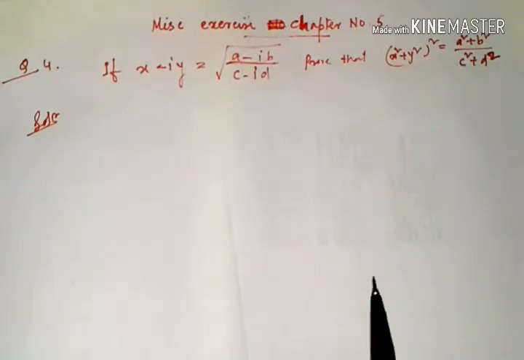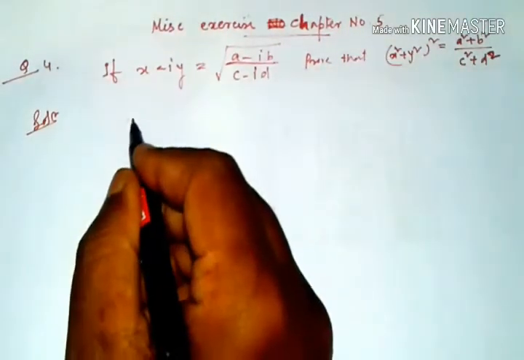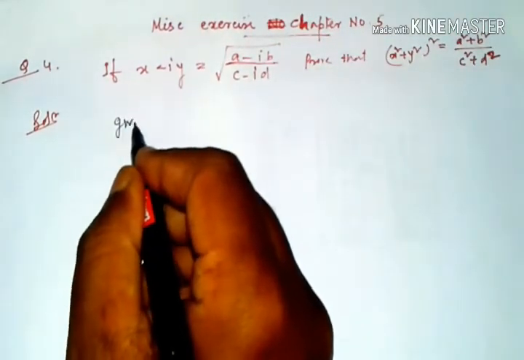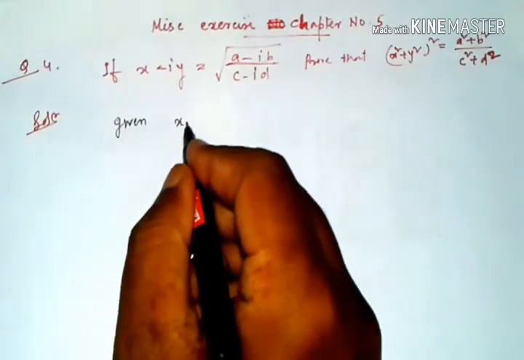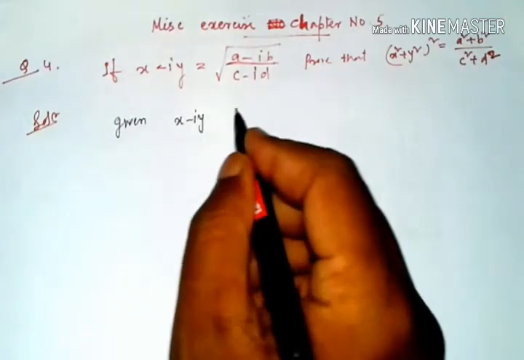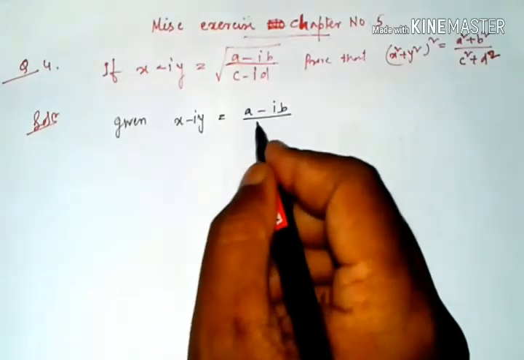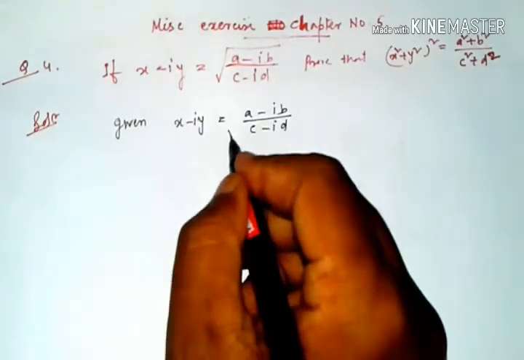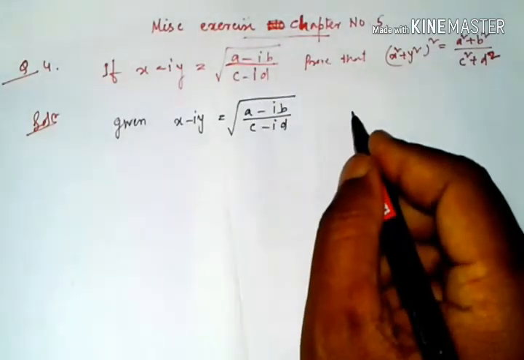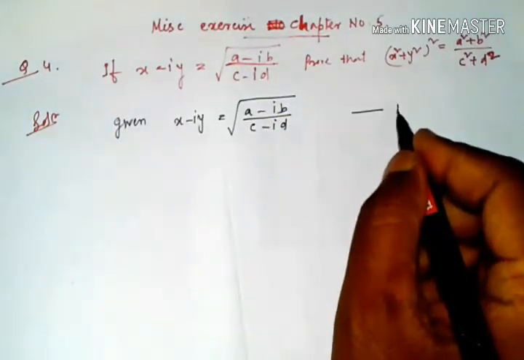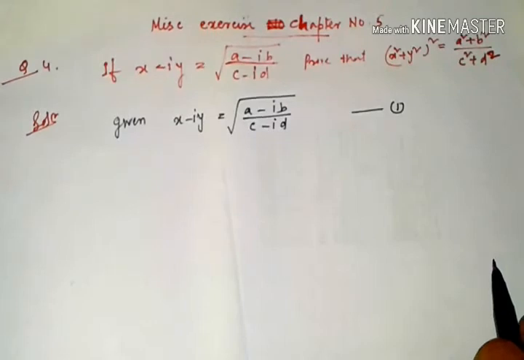That is, we are given x minus iy is equal to the square root of (a minus ib) over (c minus id). Take this as number 1.